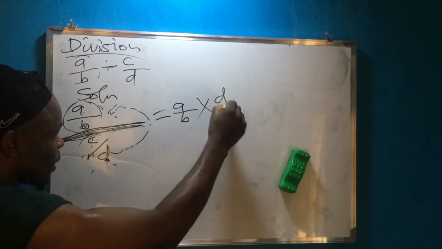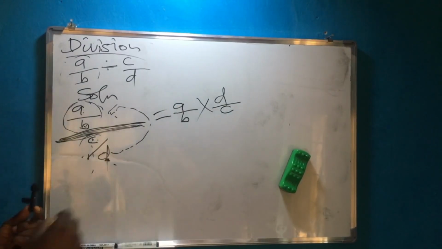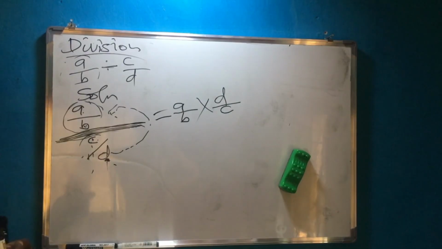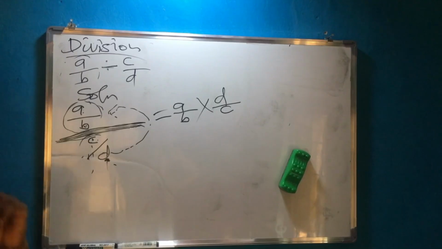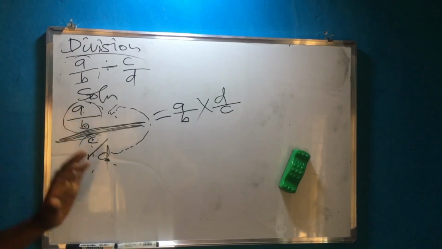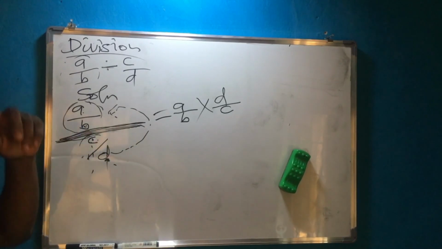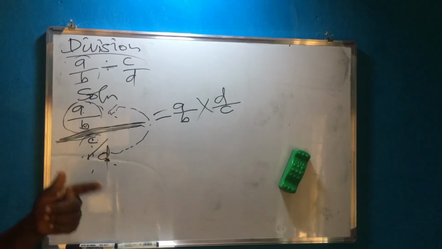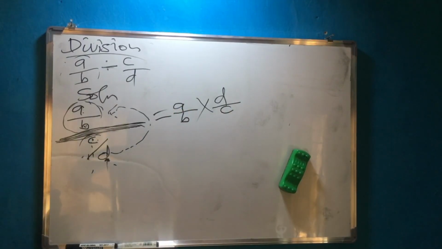You write D all over C. In the division method, the first fraction is always the same, but the second fraction, which is the divisor, is always interchanged. The denominator in the second fraction is always interchanged with the numerator. That is the secret. Is that understood?